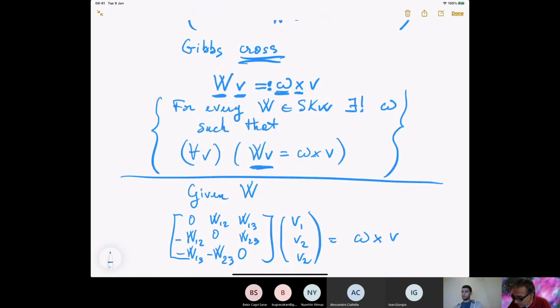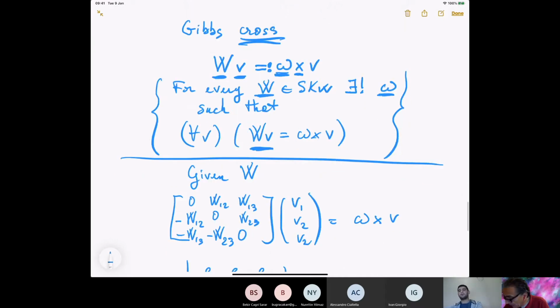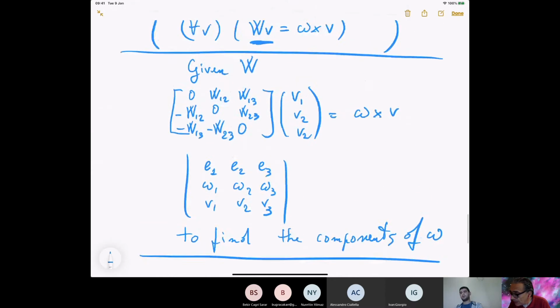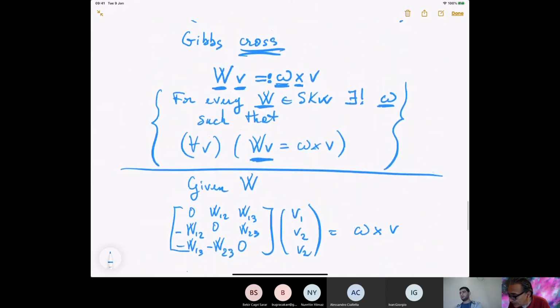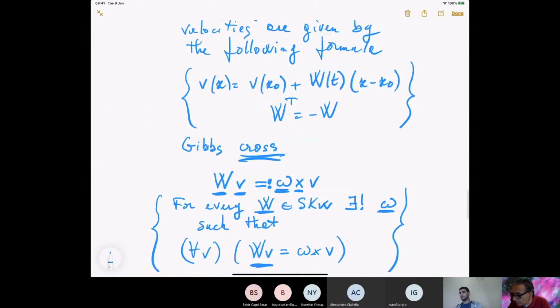I repeat that every skew symmetric matrix determines a unique omega. The vice versa is also true. It is a correct statement. So omega is called the Gibbs cross for W.